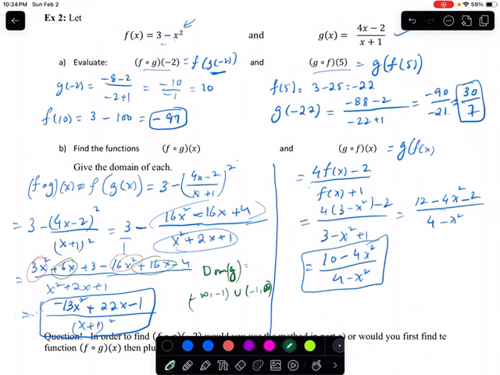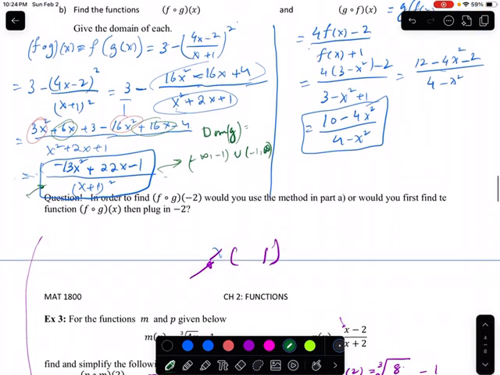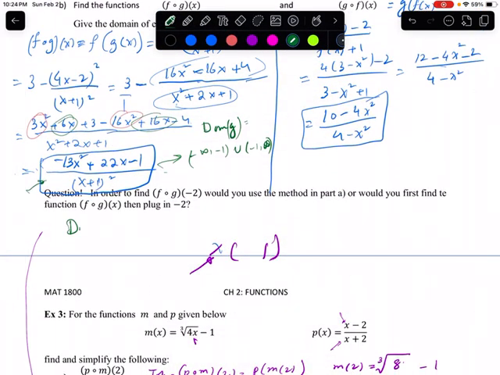Okay. So now if we look at this final result that we got, what is the domain of this one? It is the same as that. So the domain of f composed with g is also the same.